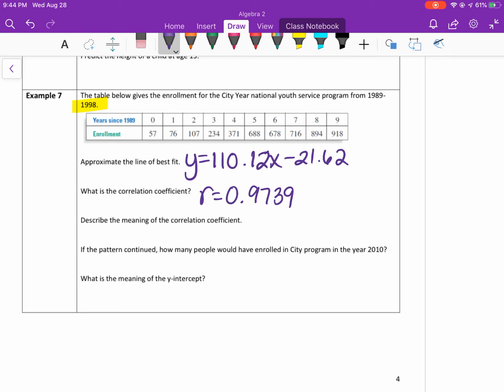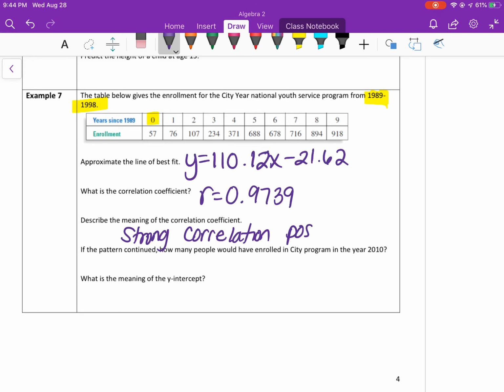So first, this is a table that shows the enrollment for the National Youth Service Program from 1989 to 1998. So 1989 is our year 0, and 1998 is year 9. So the correlation coefficient being 0.9739, that means that there's a very strong correlation.